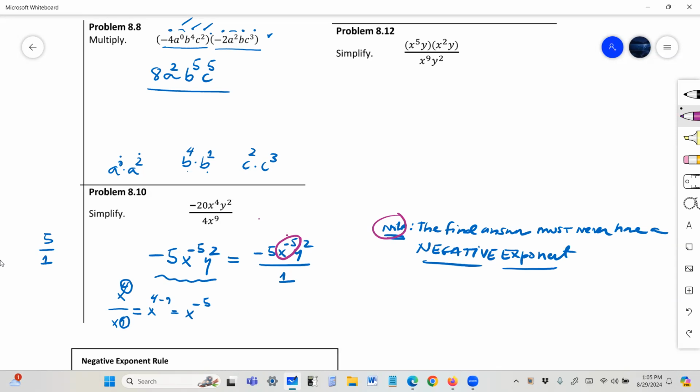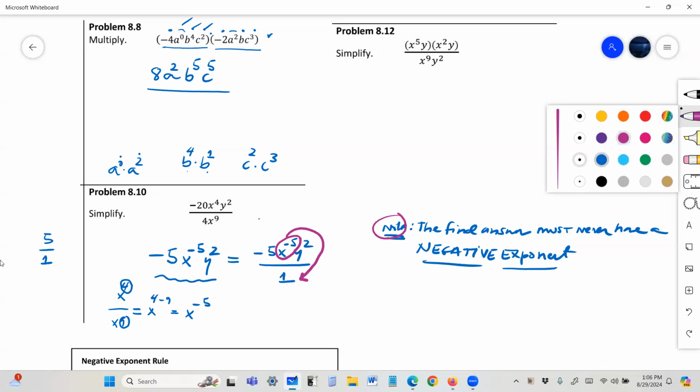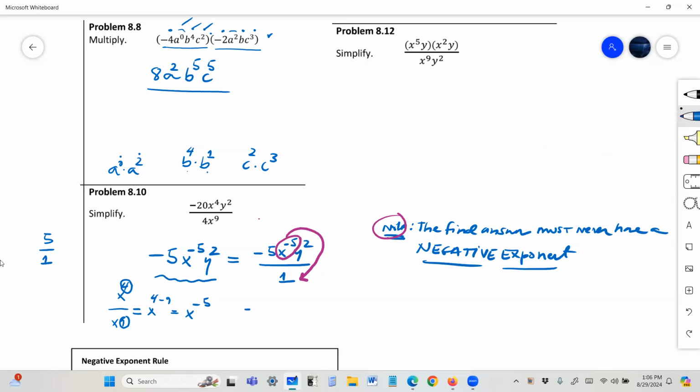So this whole variable with the exponent goes to the other side of the fraction, and when it flips, the exponent changes to positive, okay? So the final answer to this question would be the -5 stays the same, the y squared stays the same, and the x to the -5 goes to the denominator as x to the 5th.